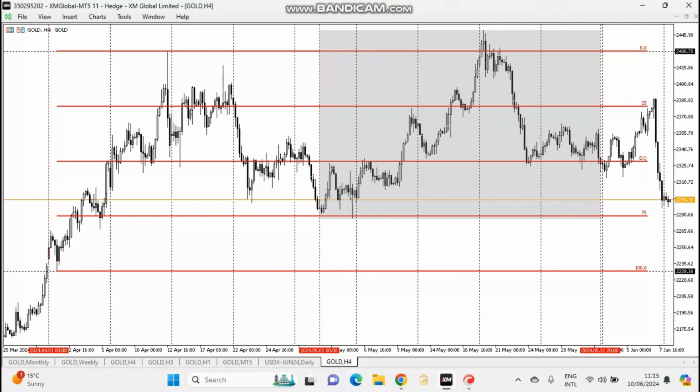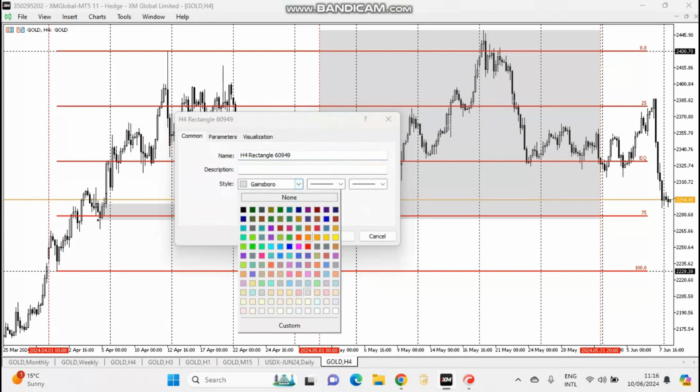We have a projection line from a low to a high, then a reversal down to an area where we see that price had reversed to this level right there. Let me change the color. I don't want anything too flashy.